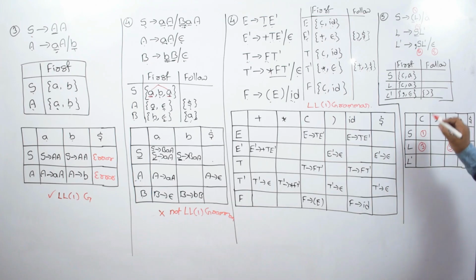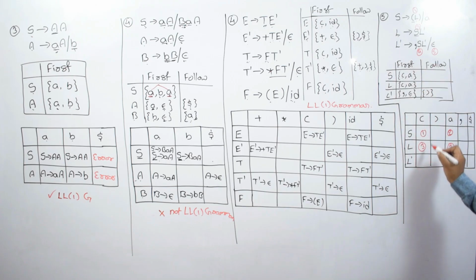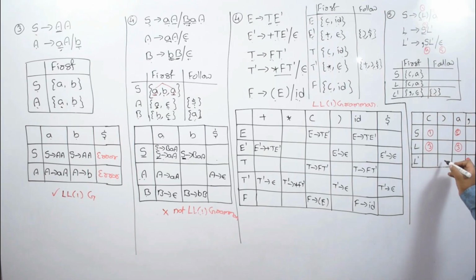Okay. Then next, under L dash, comma is the first, so that is why from the fourth production, so that is the fourth one. Now, because we have an epsilon here, so we are going for follow. So, under closed brace, we are using the fifth production. So, here the fifth production, and because it does not have any multiple entries, this is LL1 grammar.